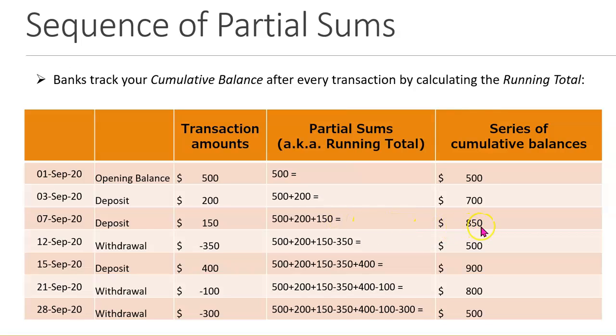So that amounts to a total of 850. And you do it for every transaction. So for example, on September 12th, you withdraw money, so you subtract $350. So your balance decreases.